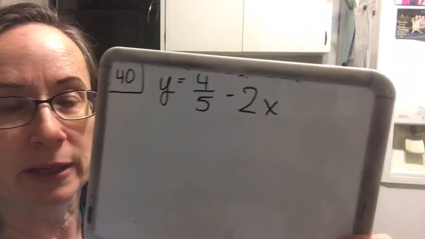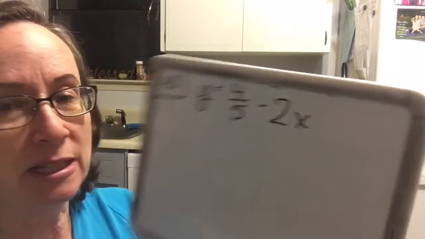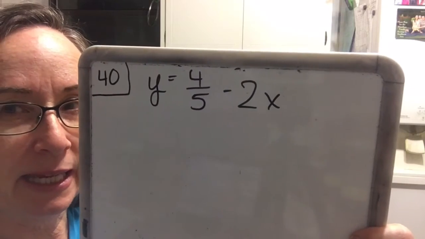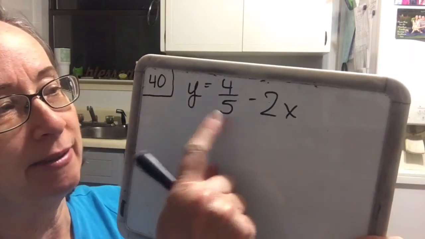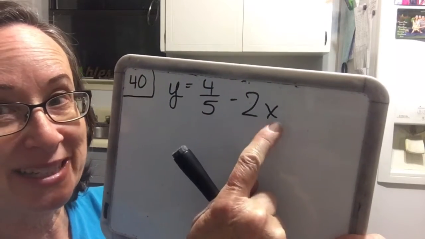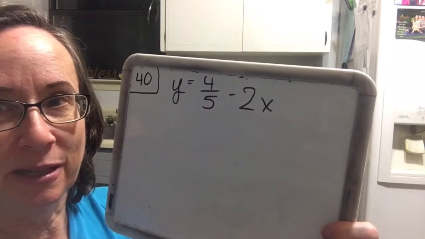So now we're going to move on to problem number 40. And we're supposed to find the slope. But the slope is a little bit tricky. We're used to looking right there for the slope when it's solved for y, but notice that the x term is there. They've mixed it up. This is not in slope-intercept form.